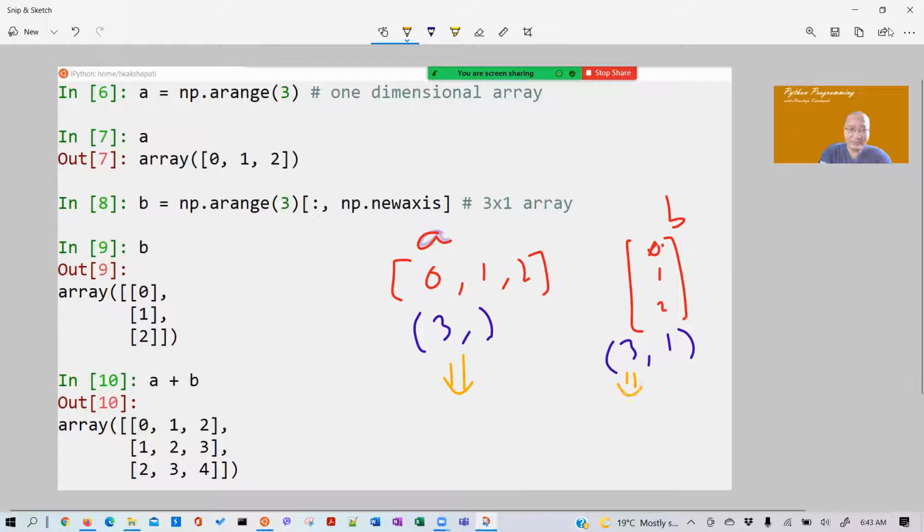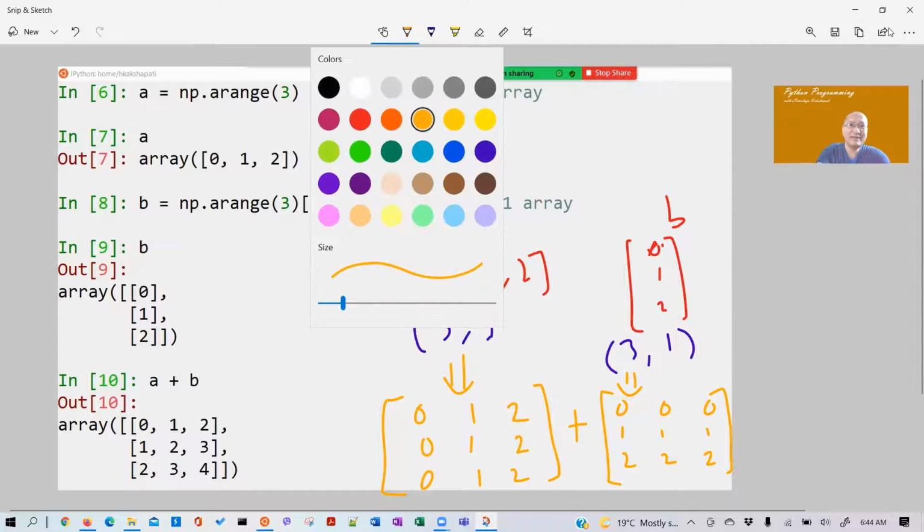A becomes 0, 1, 2, 0, 1, 2, 0, 1, 2, and B becomes 0 0 0, 1 1 1, 2 2 2. Now both are 3x3. Can we add them together? Yes, of course.